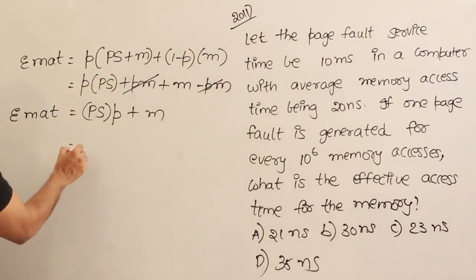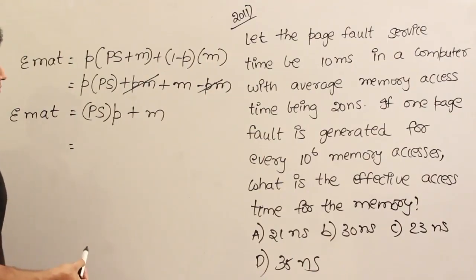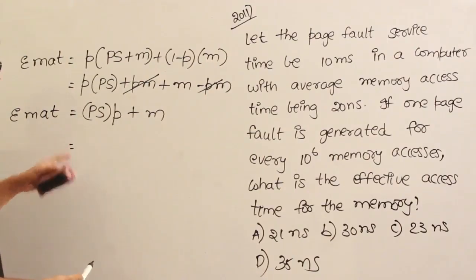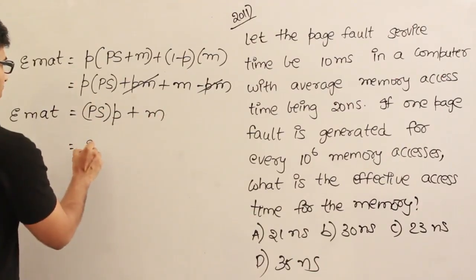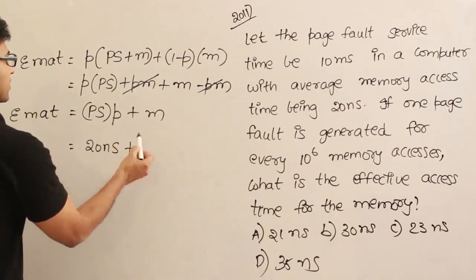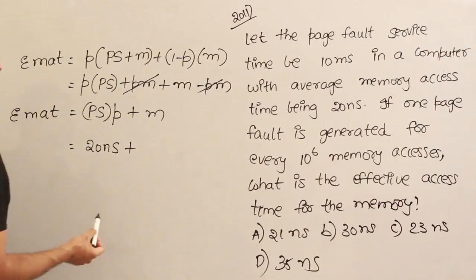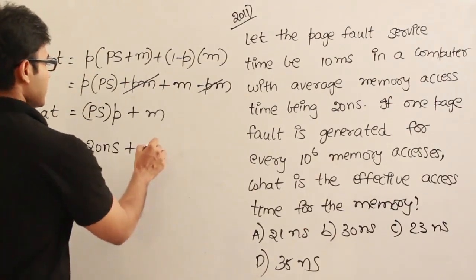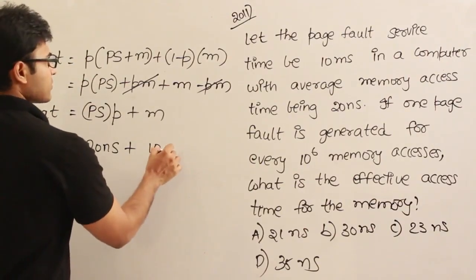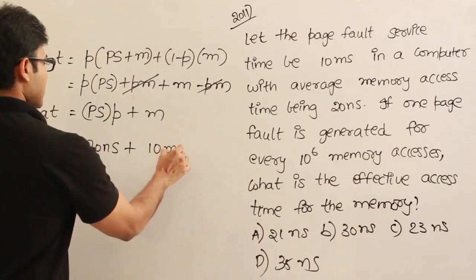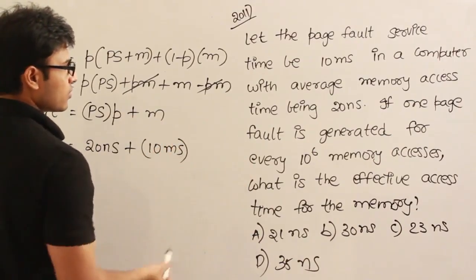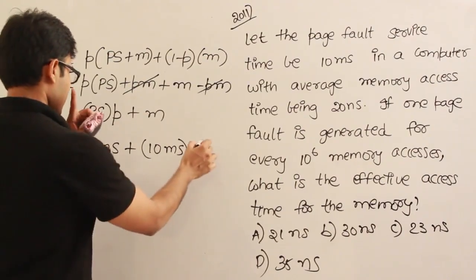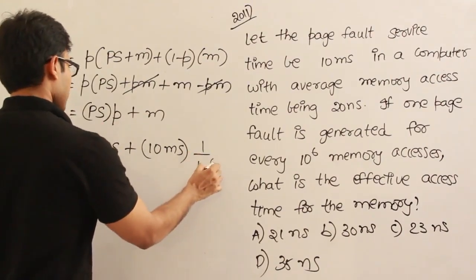Now what do you get? Effective memory access time is memory access time, 20 nanoseconds, plus P times the page service time. The page fault time is 10 milliseconds, and the page fault rate is 1 out of every 10 power 6 memory accesses, which means 1 by 10 power 6.